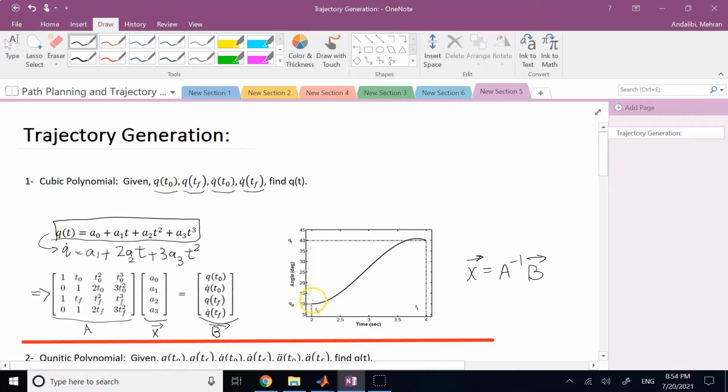Okay, and if you look at the way that the function is, at time t0, it is q0. Q0 is this guy. And at t final, it is q final. And also the slopes at the beginning, this initial slope here, if you call this angle, for example, alpha, let's see if I can do.